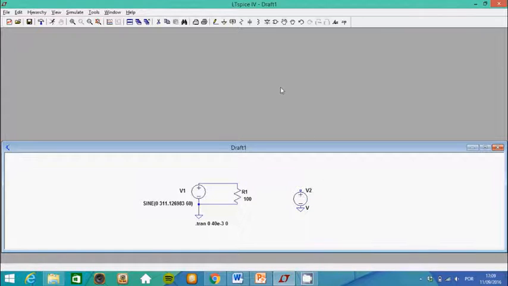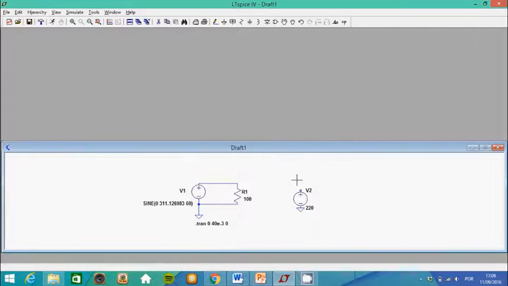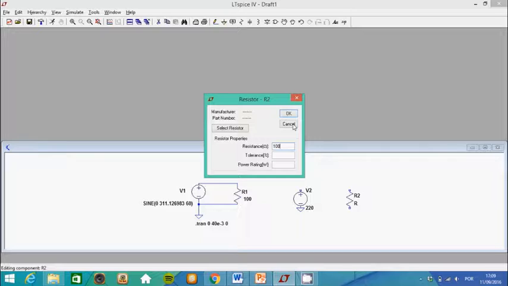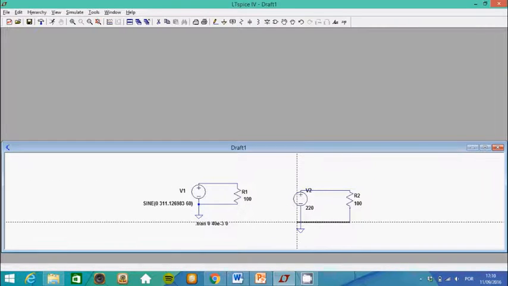Okay, if we have the value 220 and the same resistor, okay, 150 ohms. Let's join.